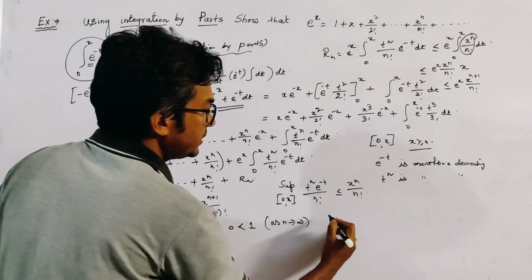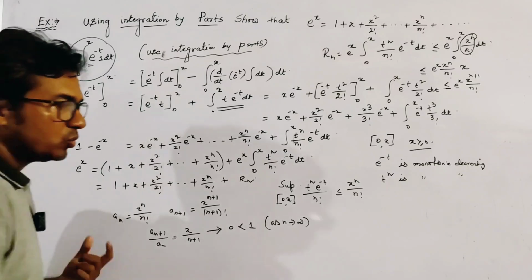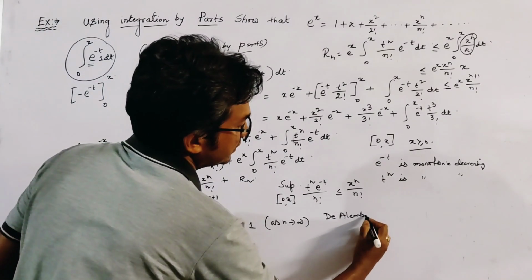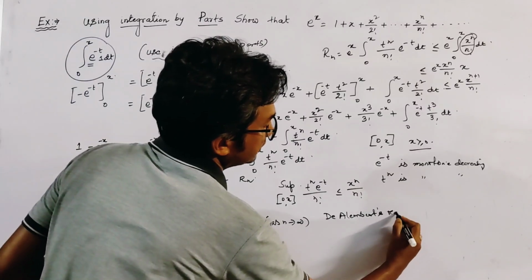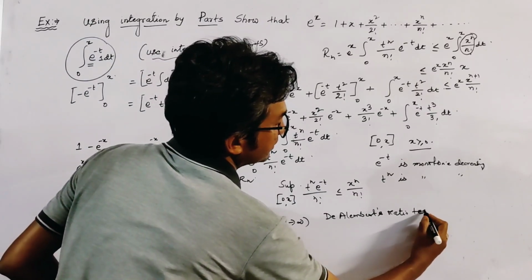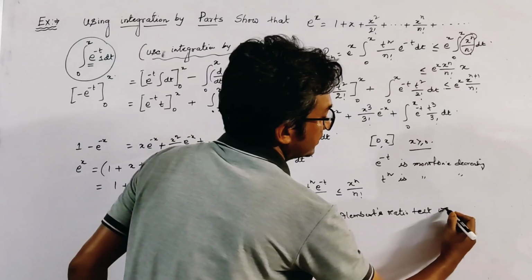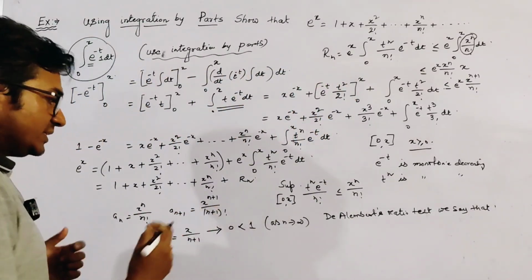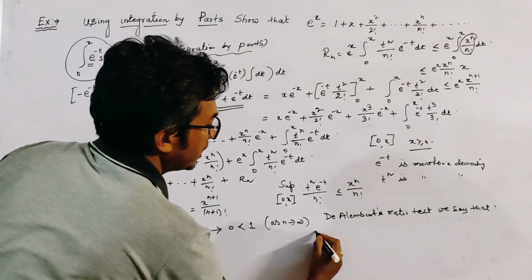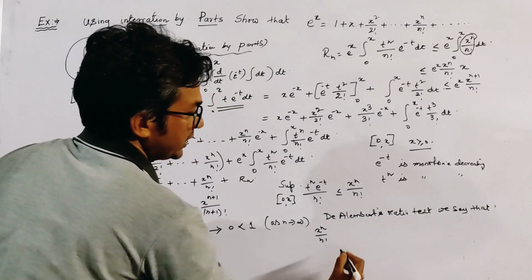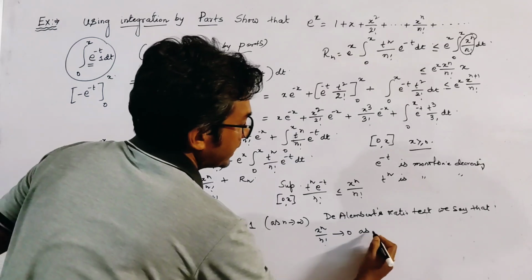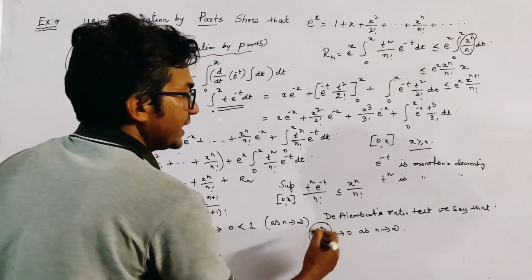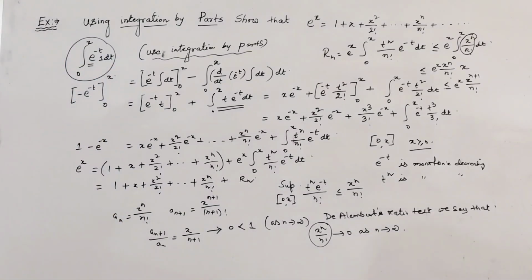So by D'Alembert ratio test, we say that this term x to the power n by n factorial tends to 0 as n tends to infinity, or this is convergent as n tends to infinity.